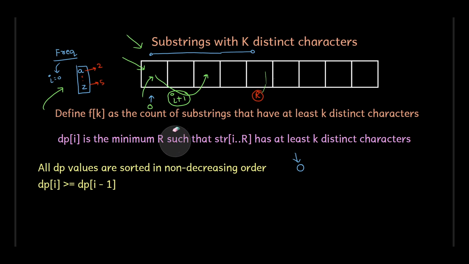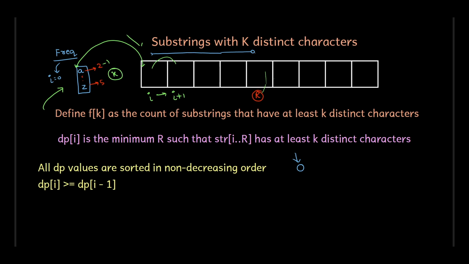So how do you determine this? You can simply look at the elements of your frequency array. When you go from I to I plus 1, you simply decrease the frequency count of the character that you just migrated from. Then you see whether you still have k unique characters in your map.